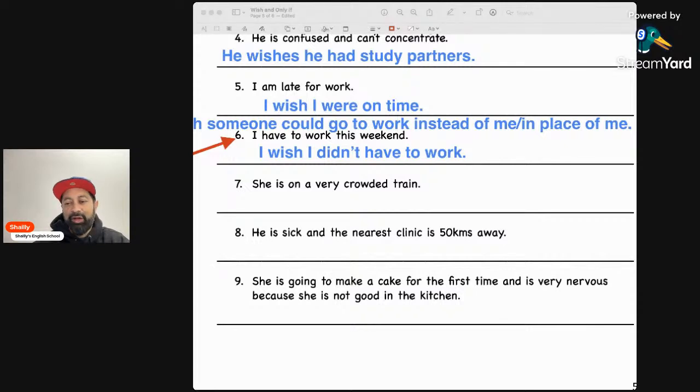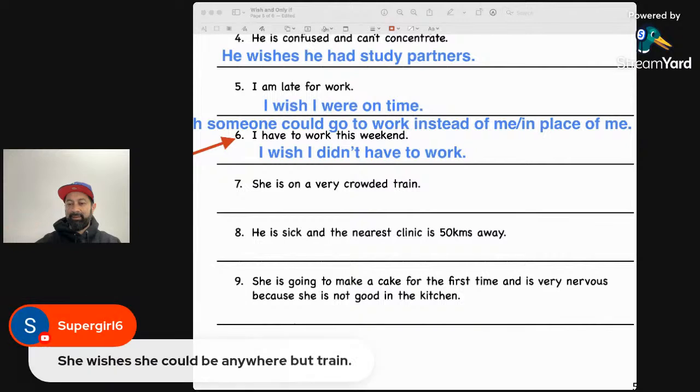So first, tell me the opposite. What's the opposite of being on a crowded train? All right. You know what?